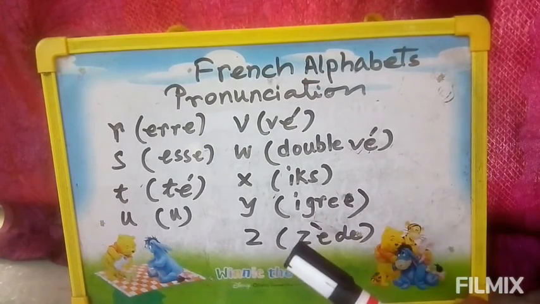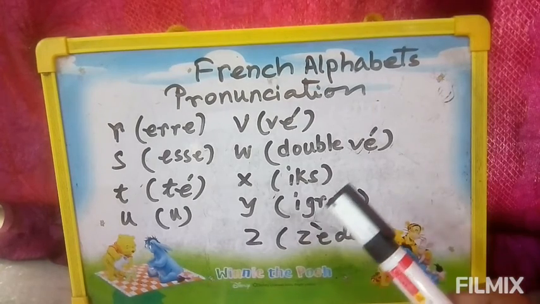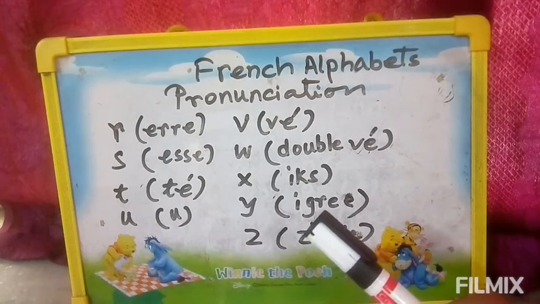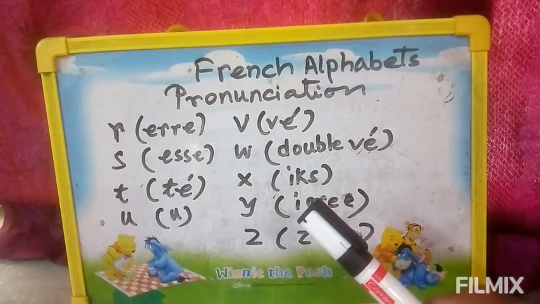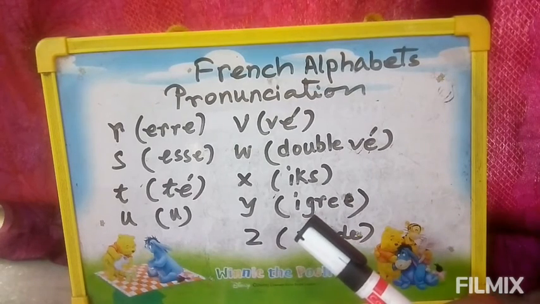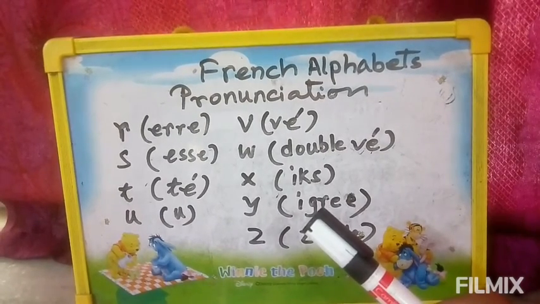All these are the French pronunciations of the French alphabet in general. But whenever we learn accents in future, when accents are used on any particular letter, the pronunciation may differ and the meaning may also differ.